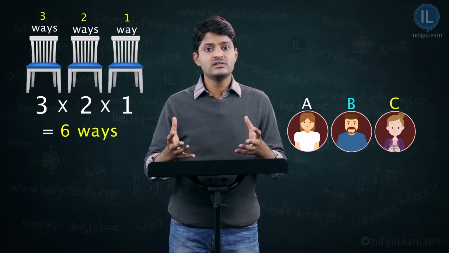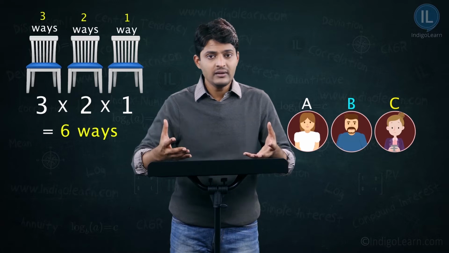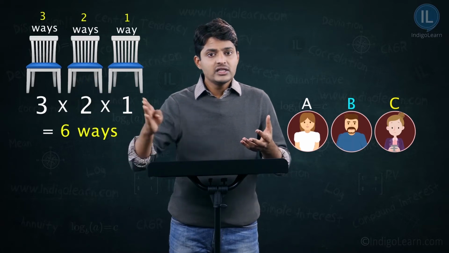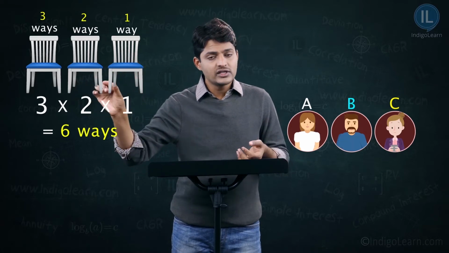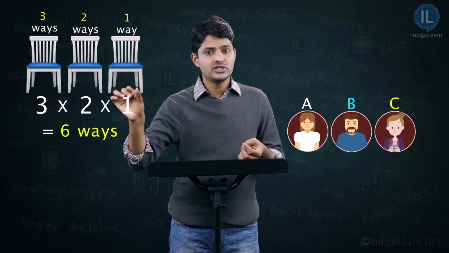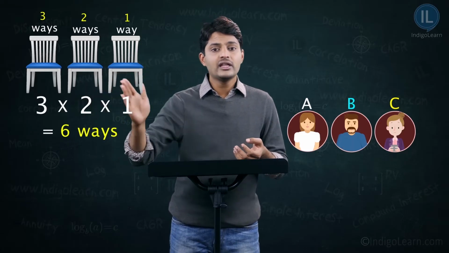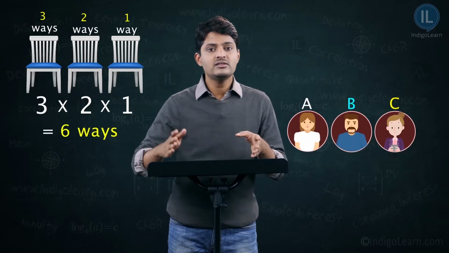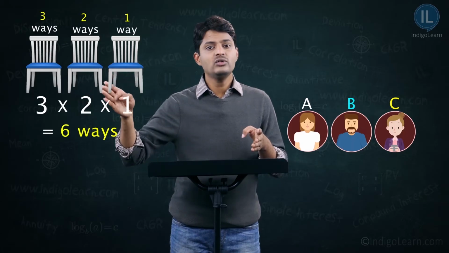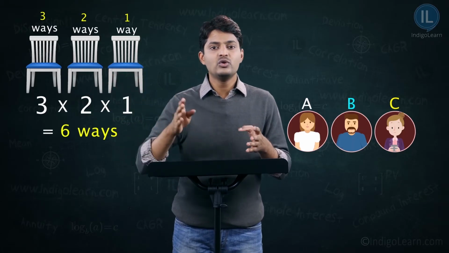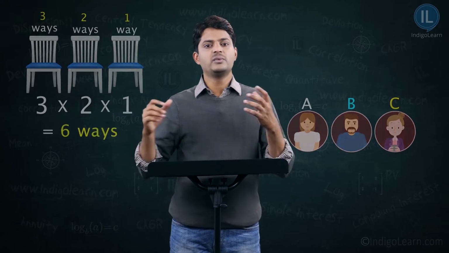In permutations, this rule is very important because you complete the problem by arranging the first position, then the second position and then the third position. Finally, for the total number of arrangements, you multiply the first value with the second value with the third value.